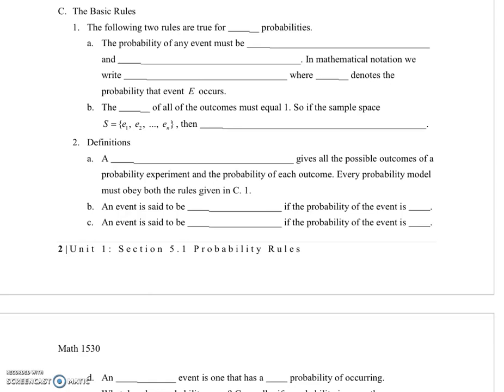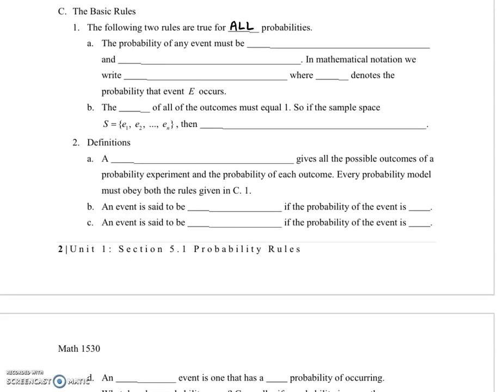Now that we've explored how probability works a little bit, we should talk about the basic rules of probability. The two basic rules are true for all probabilities.